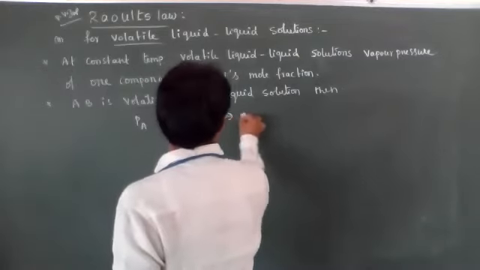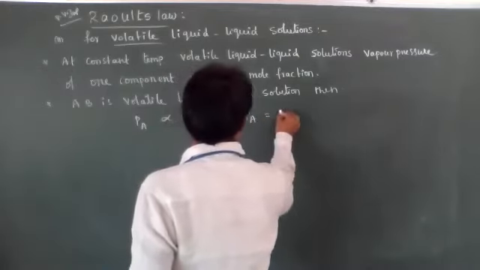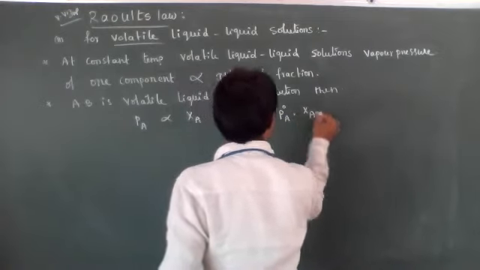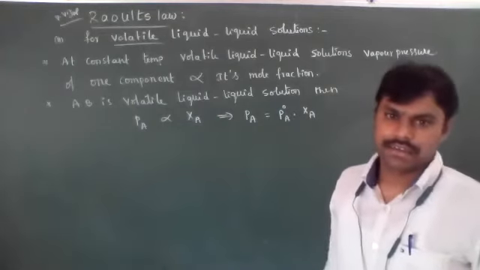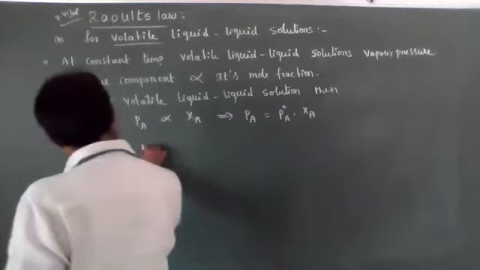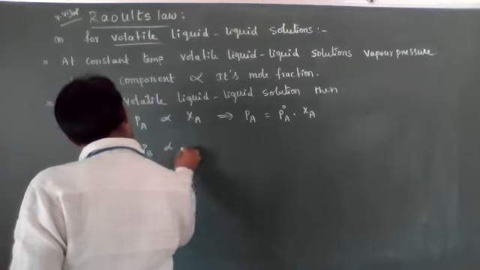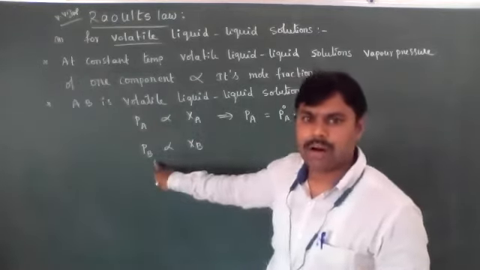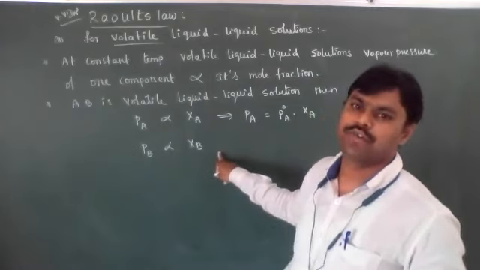From this, PA is equal to P naught A into XA. Similarly, PB is directly proportional to XB, which means the vapor pressure of one component is directly proportional to its mole fraction.